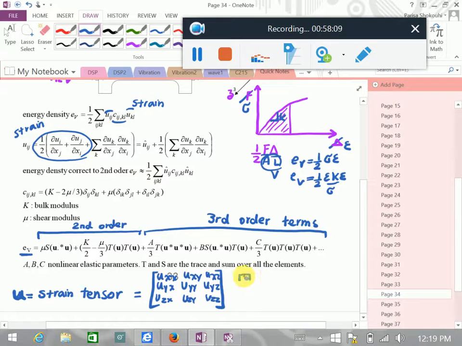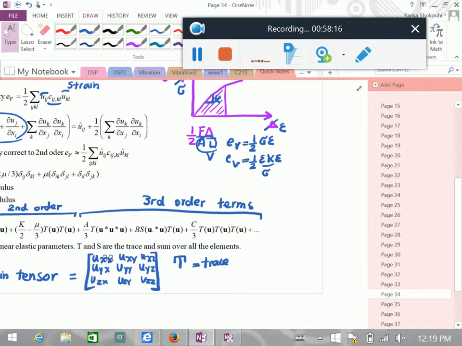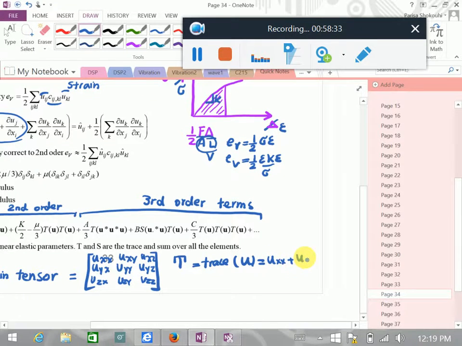T is trace. It's the trace of the tensor. Does anyone remember what the trace of a matrix or tensor is? What does it mean? Diagonal elements. So it is uxx plus uyy plus uzz.